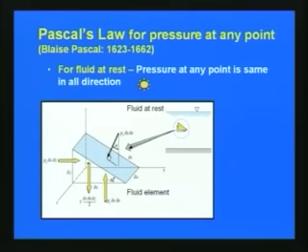Here you can see a fluid element in this slide. If we consider this fluid element, with respect to this face, the force will be the pressure Py into delta x into delta z in this direction, and in the other direction it is Pz into delta x into delta y, and in the s direction which we are dealing with, it is Ps into delta x into delta s.